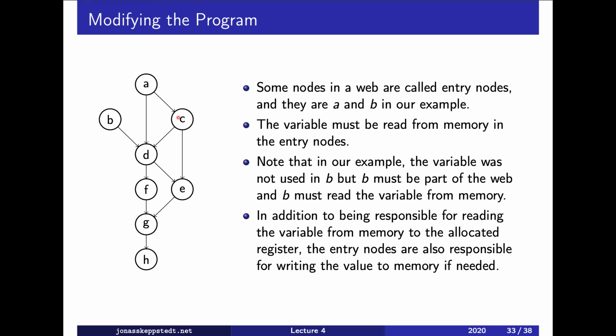And if the variable could have been modified, not necessarily was modified, but could have been modified, then these entry points have to write back the register to the global variable before return. So it's the entry functions which are responsible for loading and storing the value.